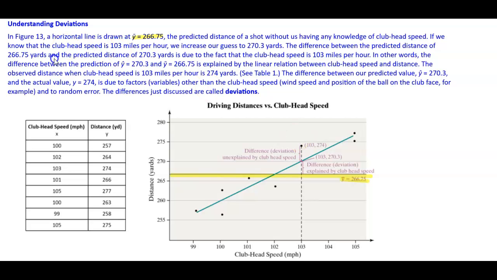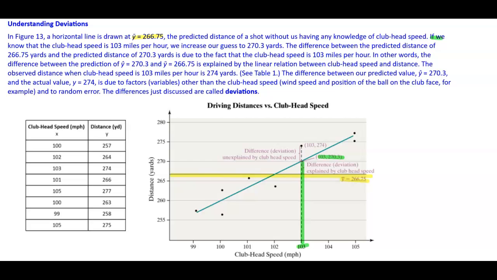Now, if we know that the club head speed is 103 miles per hour, we increase our guess to 270.3 yards. So here is 103, and then we increase our guess to this point right here, where it's 270.3.